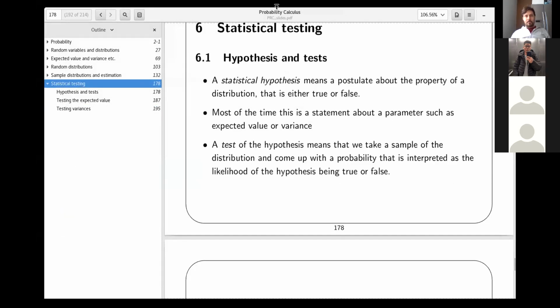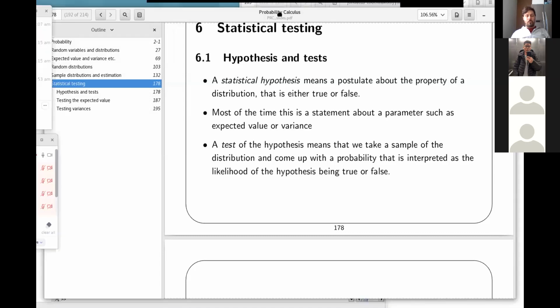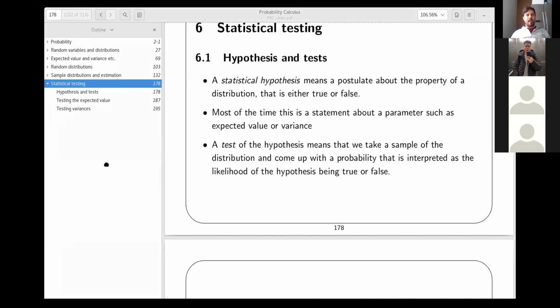This week's topics. Understand the formulation of the hypothesis. I claim that the formulation of the hypothesis is more important than the particular test. I can provide you with the formulas for the tests, but what I can't provide you with is the ability to think in terms of this hypothesis formulation.